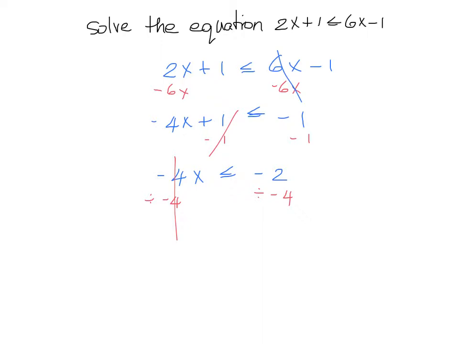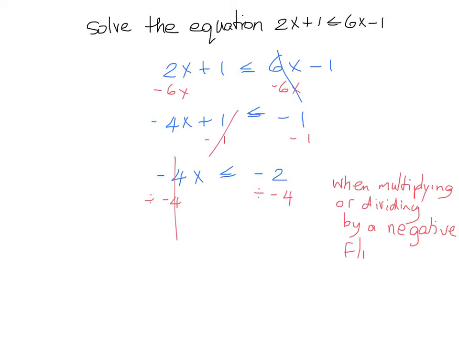Let's write that down because that's pretty important. In an inequality, when multiplying or dividing by a negative number, flip the sign. Let's go ahead and do that and see what we get.